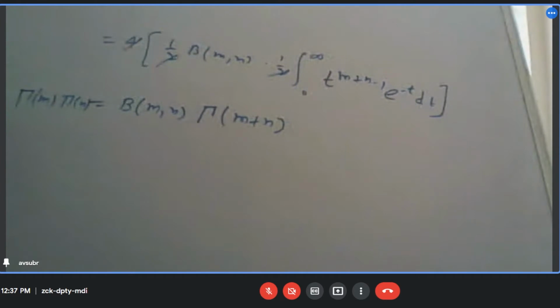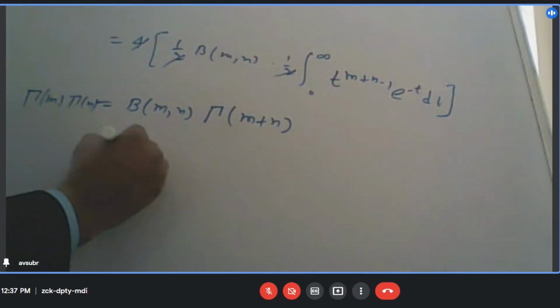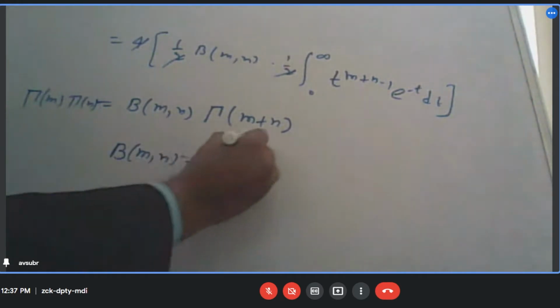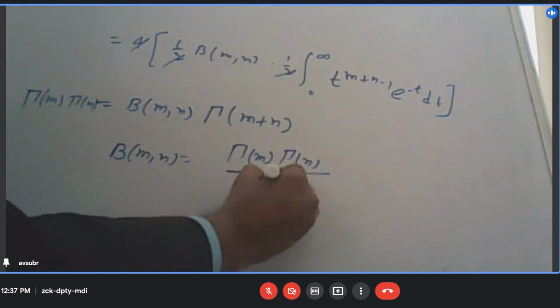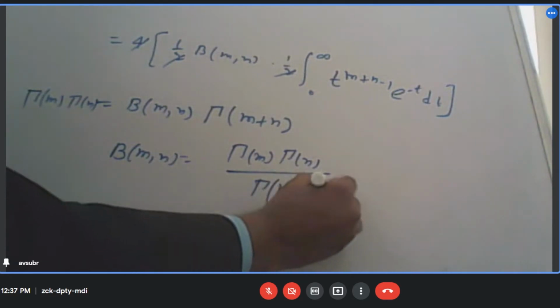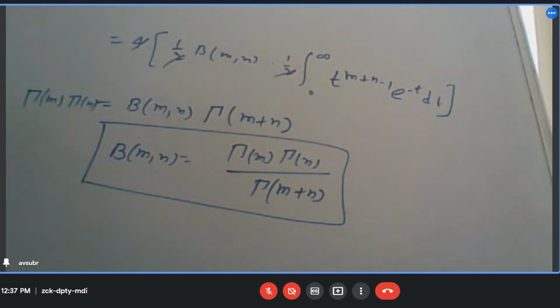Okay. So beta mn is equal to gamma m into gamma n by gamma m plus n. Is it okay?